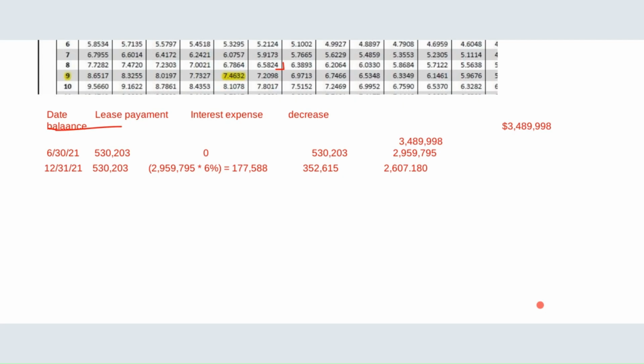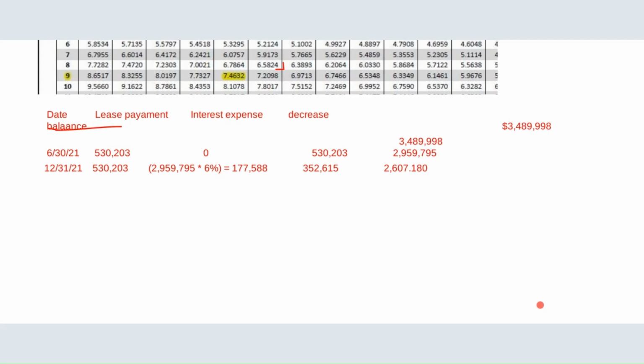Now we have a second entry because this is a finance lease. And our second entry is for what? Okay, the second entry is for amortization, correct? So amortization expense, the way that we're going to calculate this is we're going to take the 3,489,998.